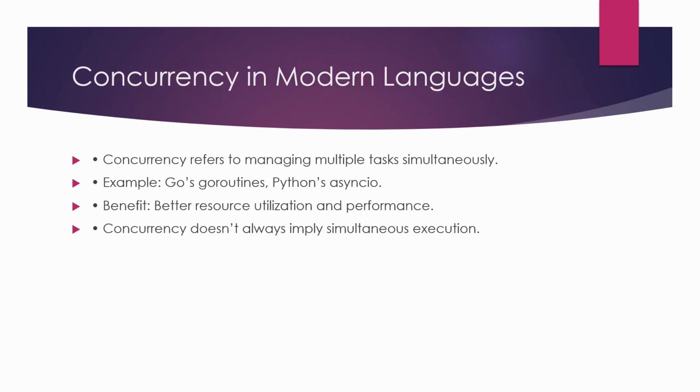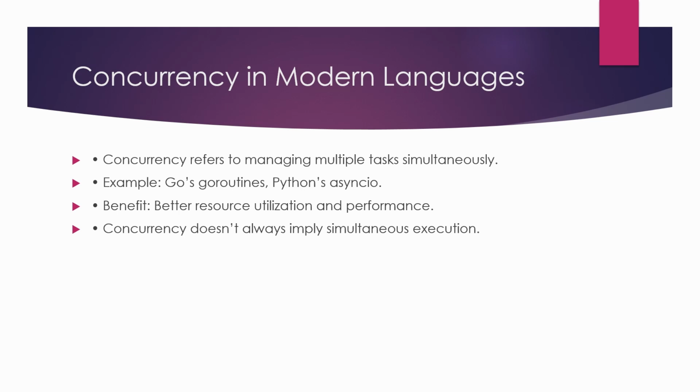Concurrency is a key feature of modern programming languages. It involves executing tasks concurrently without blocking the main program execution. While concurrency does not necessarily mean parallel execution, it allows multiple tasks to progress independently, which helps with resource utilization and performance.